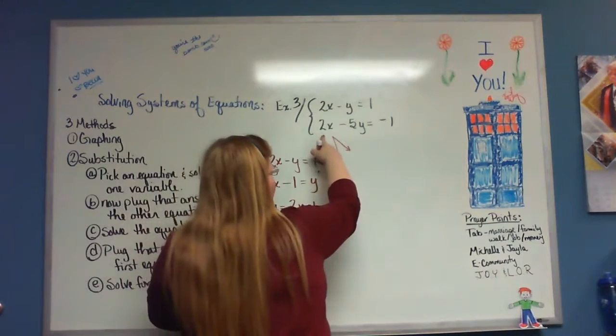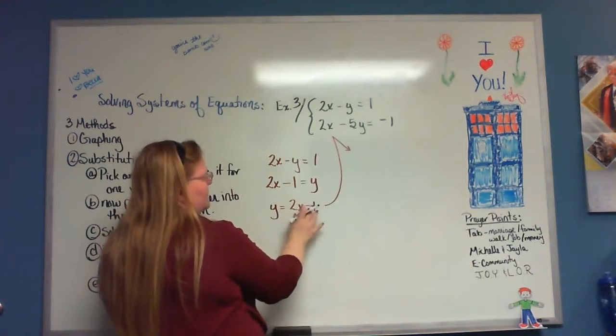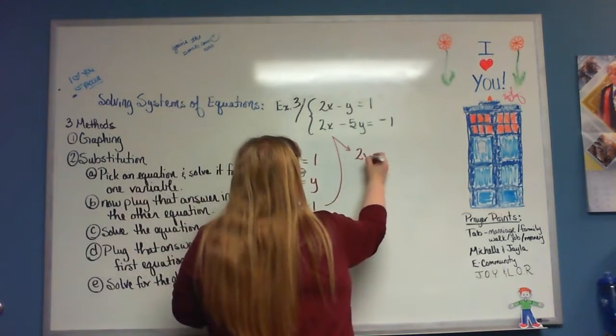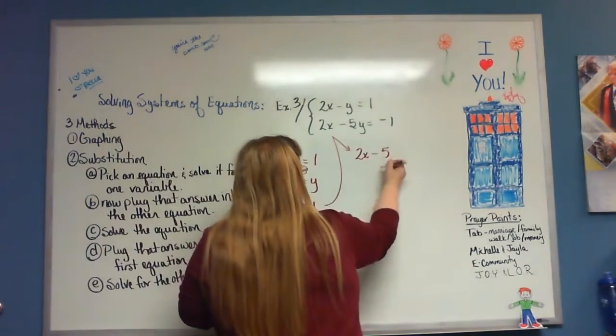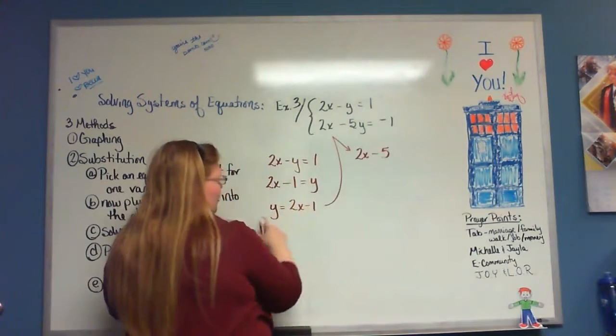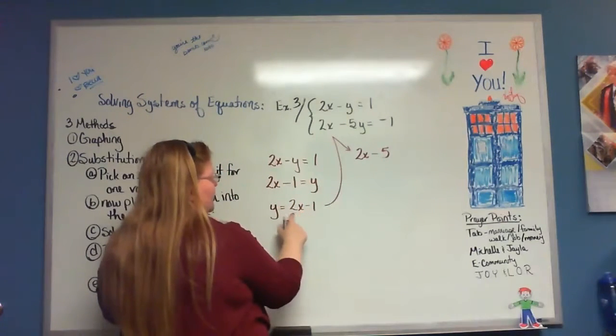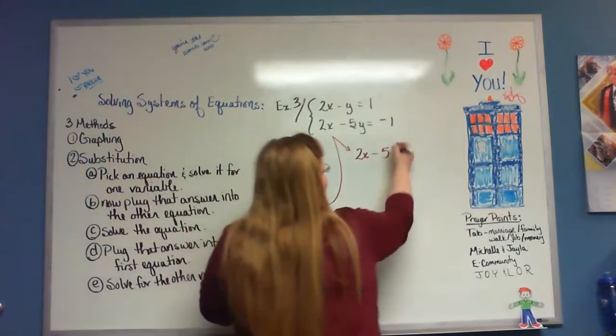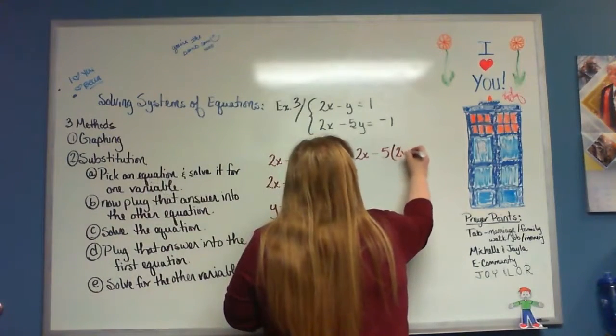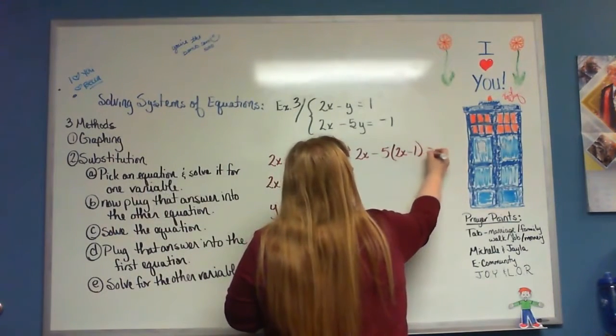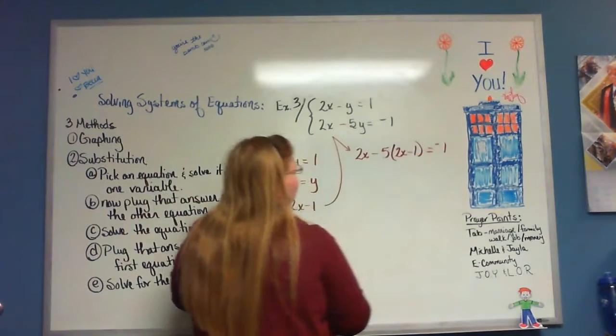So 2x, I don't know nothing about no x's, so I just go ahead and write the 2x minus 5. Y, I know something about. Y has to be 2x minus 1. So in parentheses, I'm going to put 2x minus 1 equals negative 1.